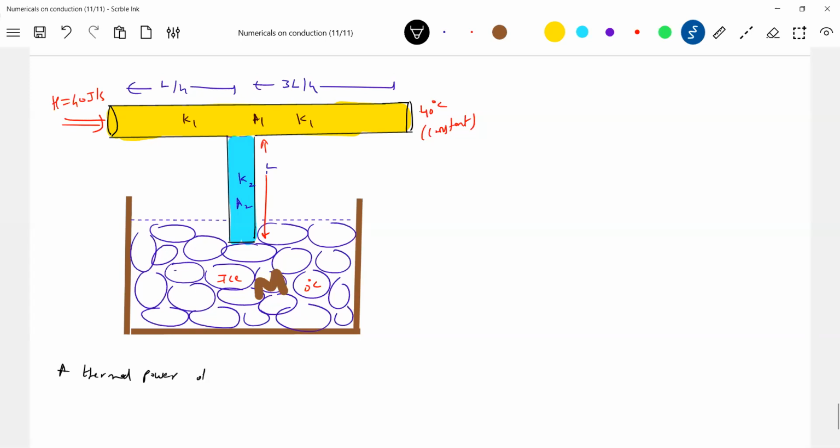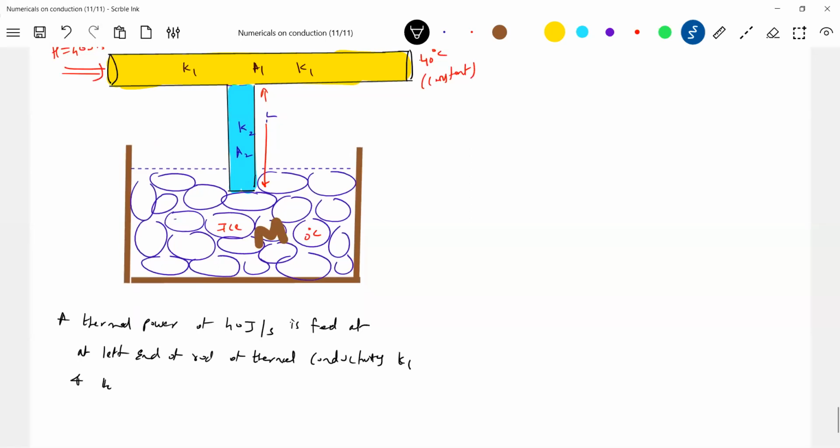A thermal power of 40 joules per second is fed at K1, and the right end of this rod is maintained at a constant temperature of 40 degrees Celsius.